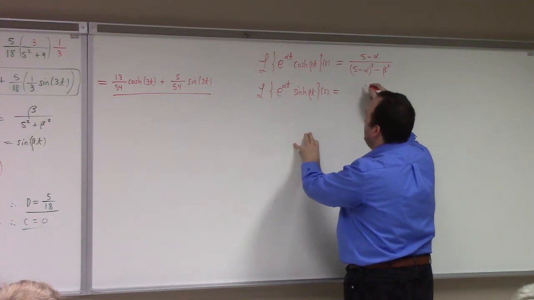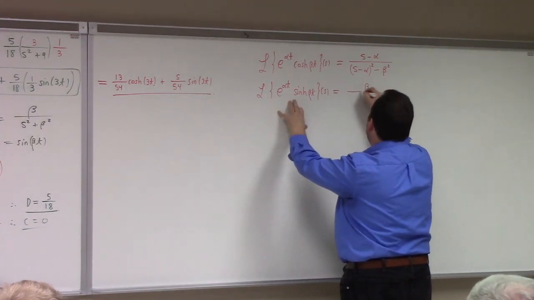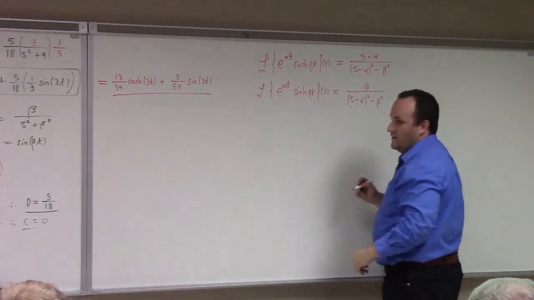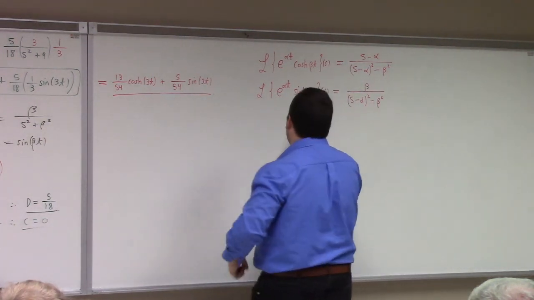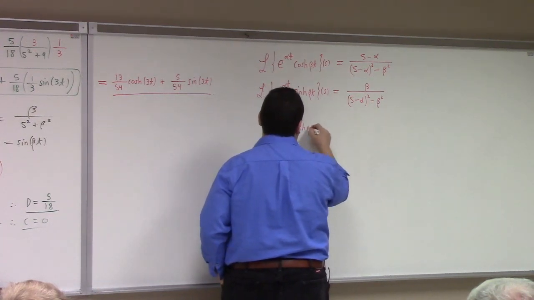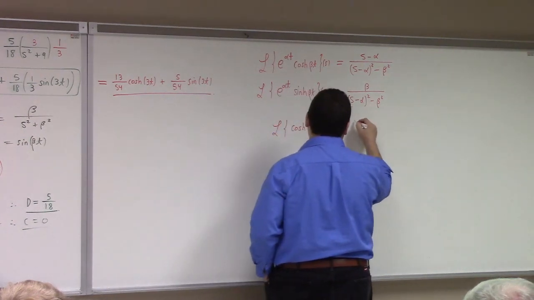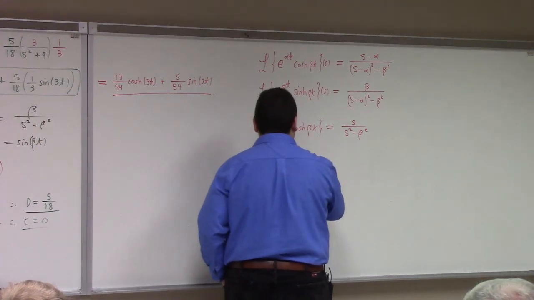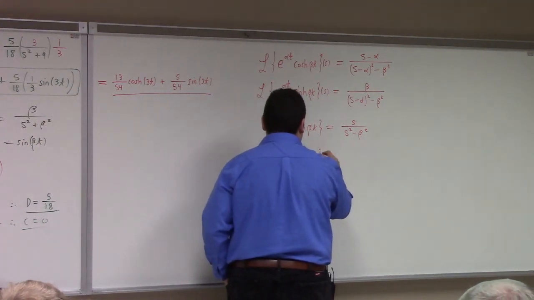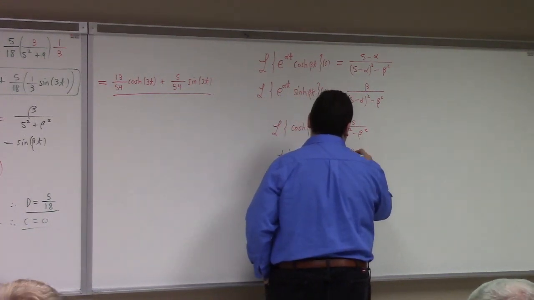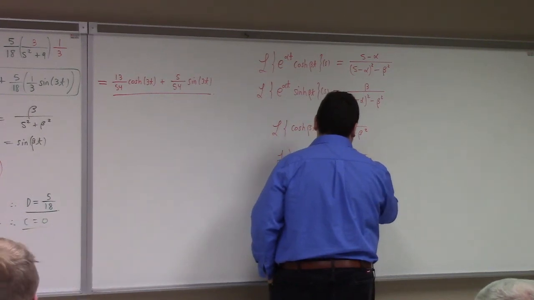And the Laplace transform of this is actually beta over s minus alpha squared minus beta squared. So if you're willing and you want to go down this path, it's sometimes nice to think about these. It would have actually been convenient to use these for this problem because we could have thought about cosh and sinh as opposed to exponentials. Now, is that better or is it worse? I don't know. You pick your poison.